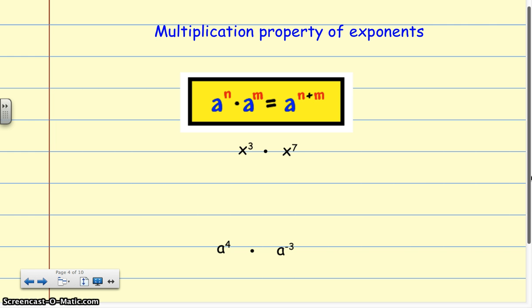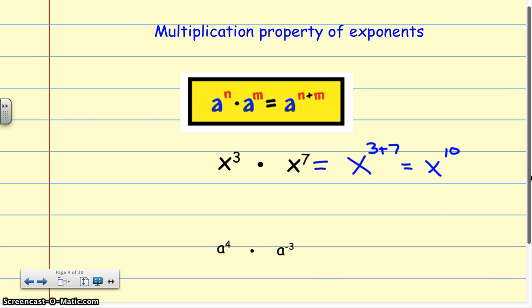So looking at this example here, I have x cubed times x to the 7th. Instead of expanding all that out, like we were doing on that first slide, I can just automatically go to this rule. Since they have the same base of x, and since they are being multiplied, this turns into x to the 3 plus 7, which is x to the 10.